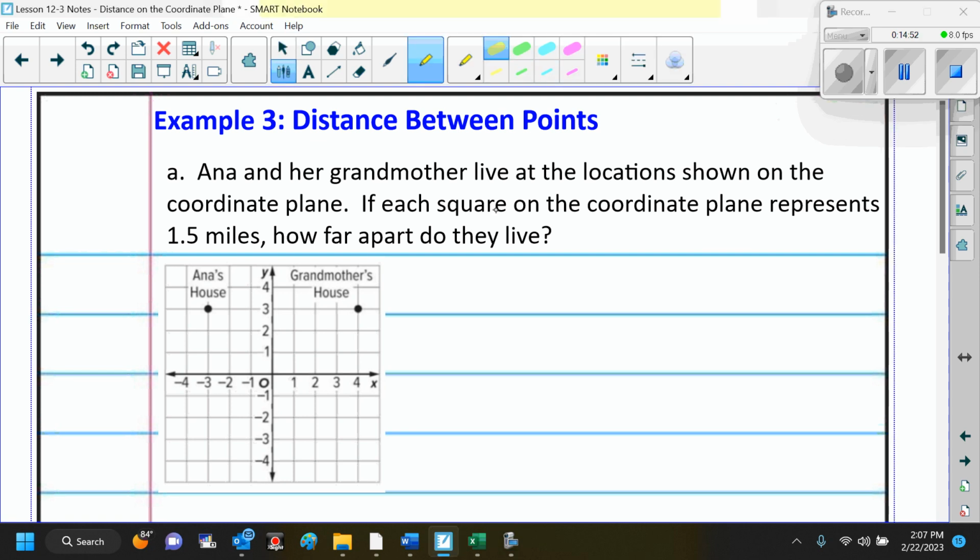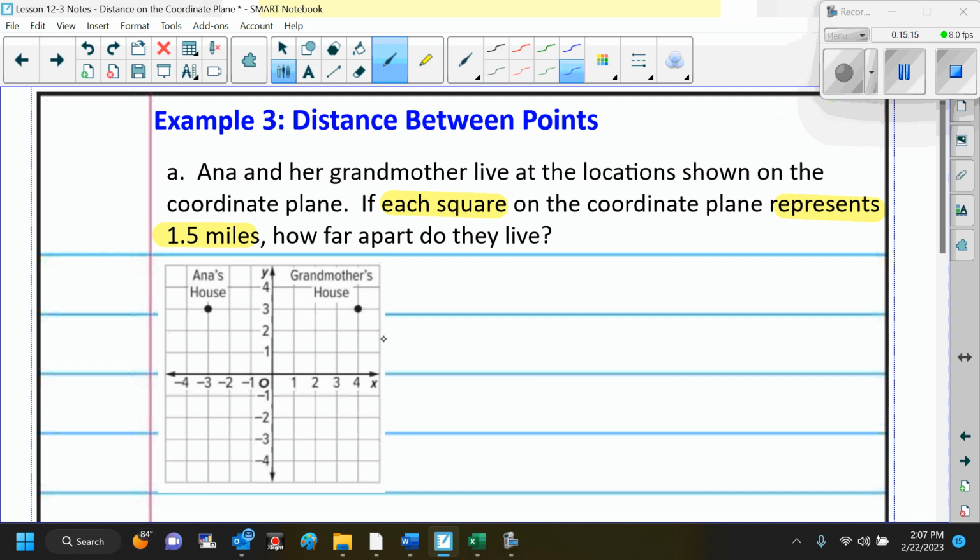We know that each square on the coordinate plane represents 1.5 miles, okay? So the first thing we want to do is find out how far apart they are on the coordinate grid, okay? How many units away?